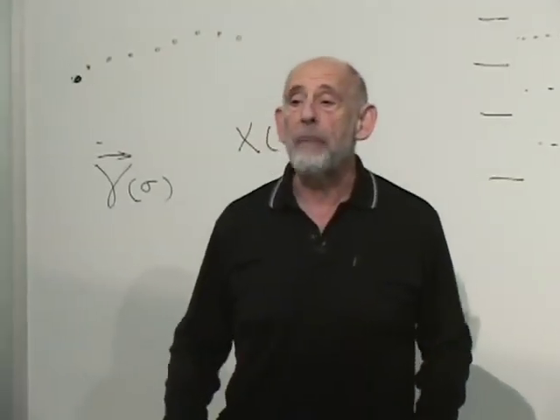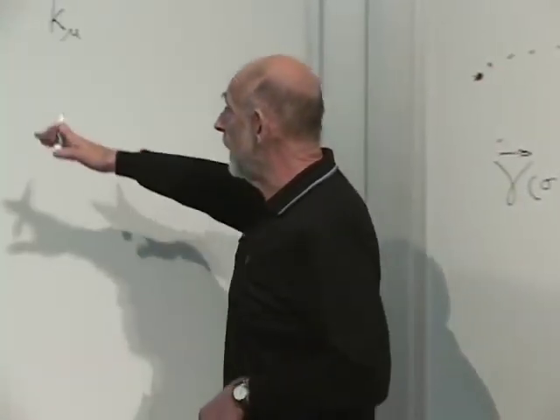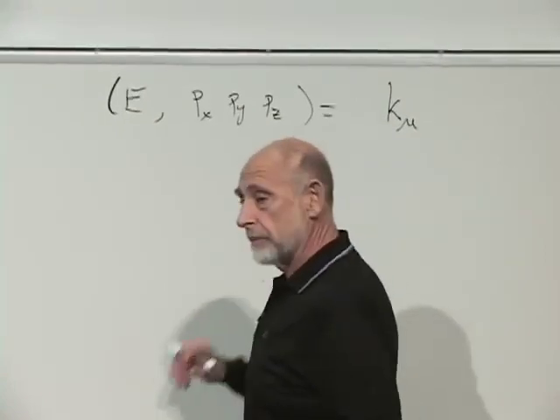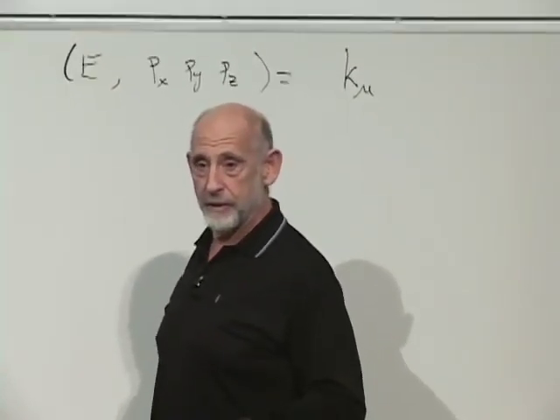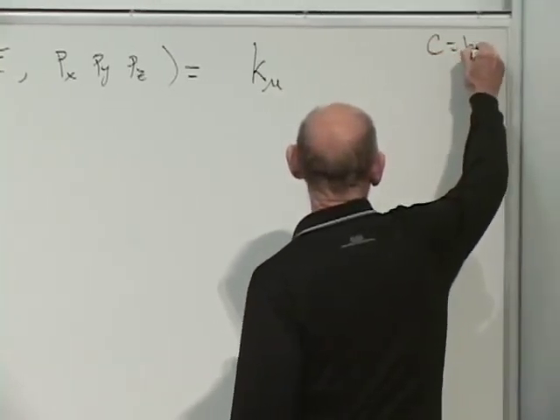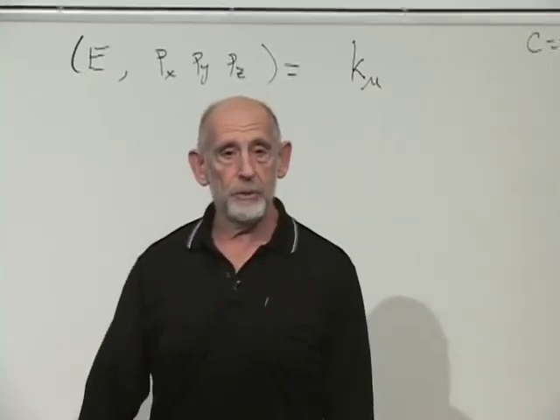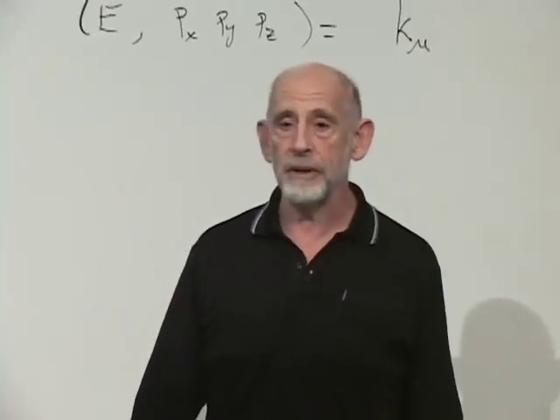They have something to do with the mass of the particle. Well, of course, they are the energy and the momentum. What's the relationship between energy and momentum and mass for a relativistic particle? Anybody remember? C is 1. We will take C equals h bar equals 1. What's the connection between the components of energy, momentum, and mass?